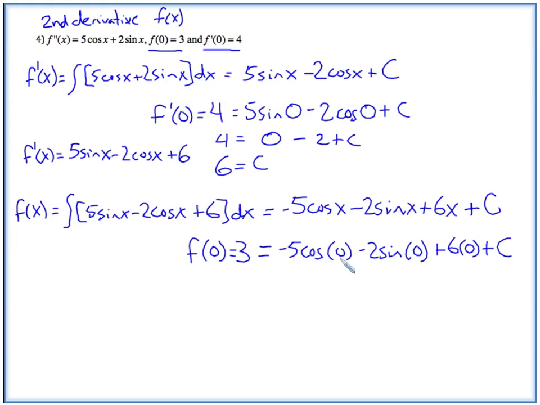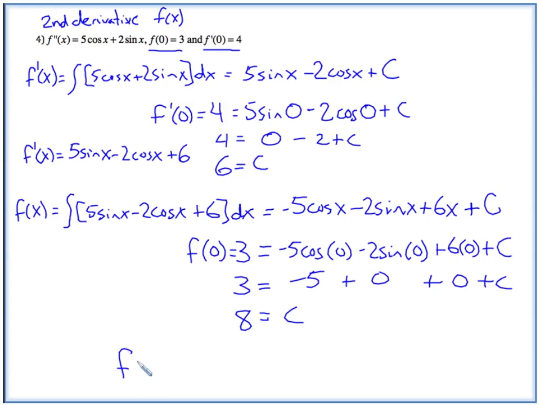Again here, cosine of 0 is going to equal 1, and so we get negative 5. Sine of 0 equals 0, so that's just plus 0. 6 times 0 is 0, and then we have plus c, and all of that still equals 3. So it looks like we add 5 to the other side, and c equals 8.